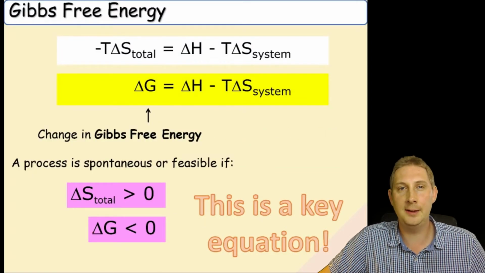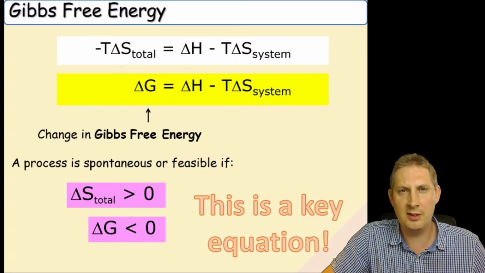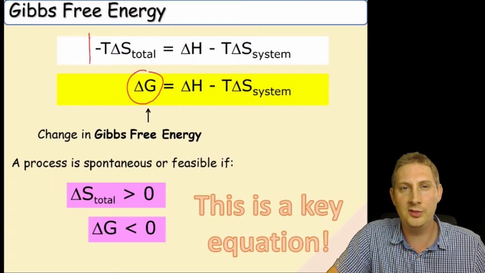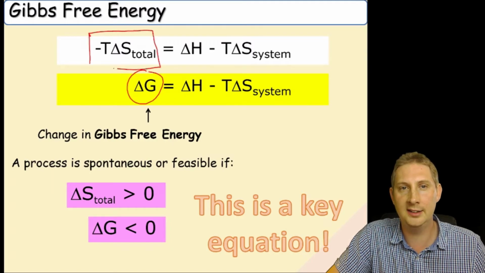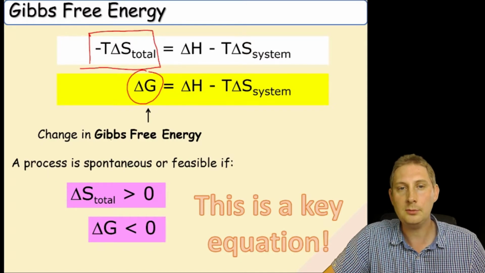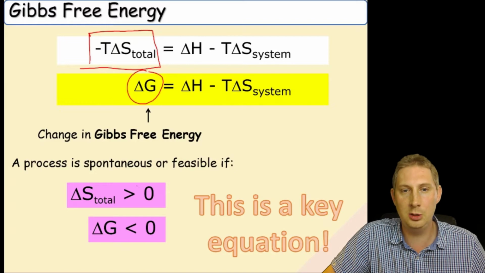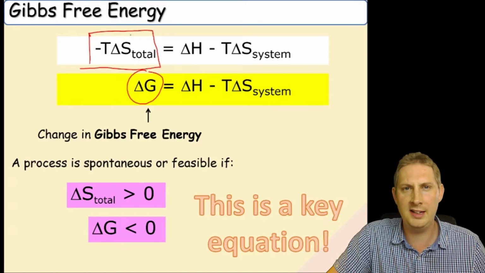A reminder, Gibbs free energy delta G here is just another way really of calculating the entropy change of the universe, because delta G is just minus T delta S total. And remember, we said that for a spontaneous process the entropy change of the universe must be greater than 0.